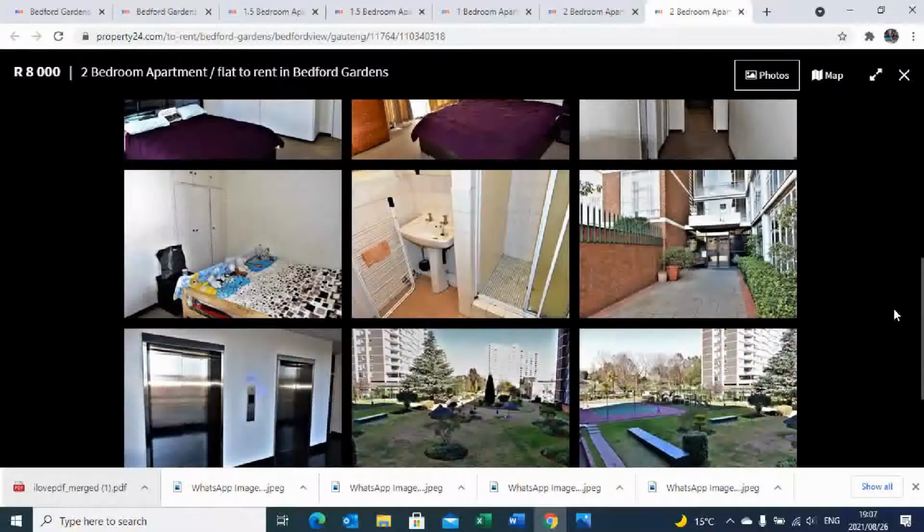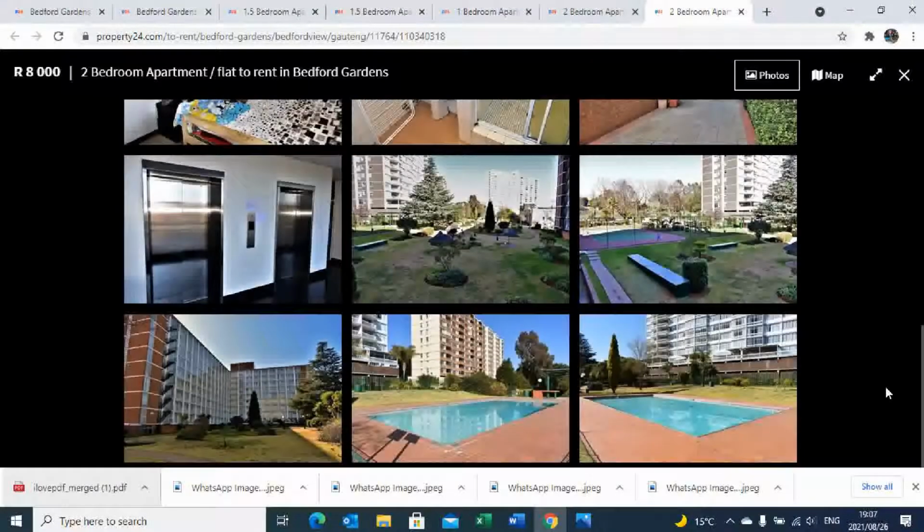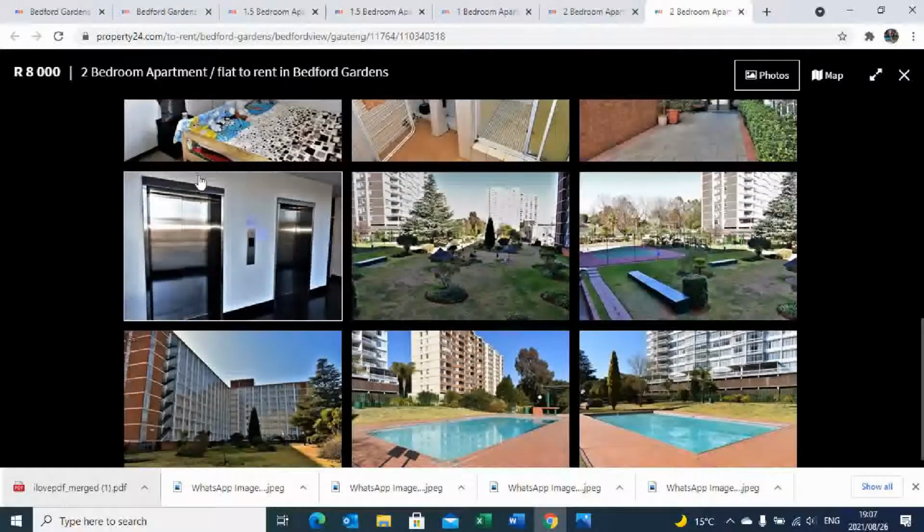So now we've got 1.5 up to 7,009, and then 2 bedroom, anything between 7,005 and 8,000. Anything outside here you can already see is overpriced, because for as long as you've got something for 6,003 on the market now, if someone wants a rental, they're going to start with that one first.